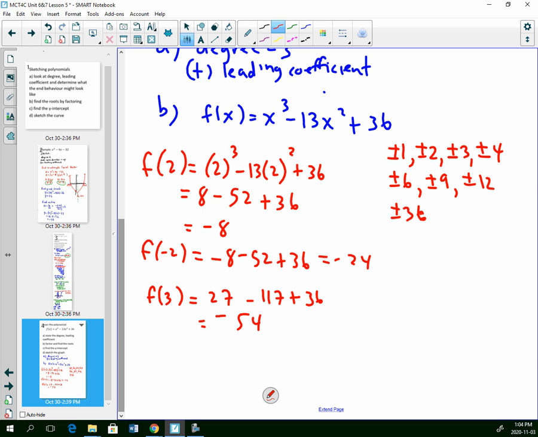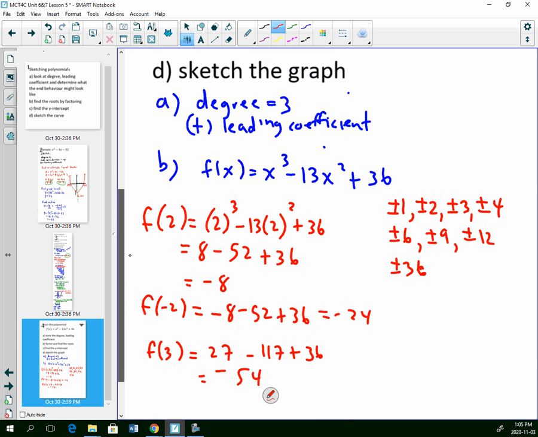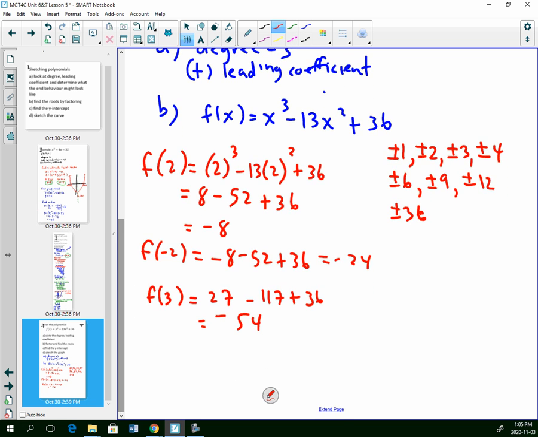So let's try 4. Make sure I'm not missing any terms here. Hopefully we can find a number. Sometimes you'll get it on the first time and sometimes you won't. Sometimes it will take a few efforts here.